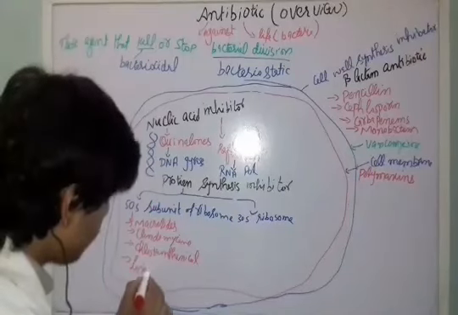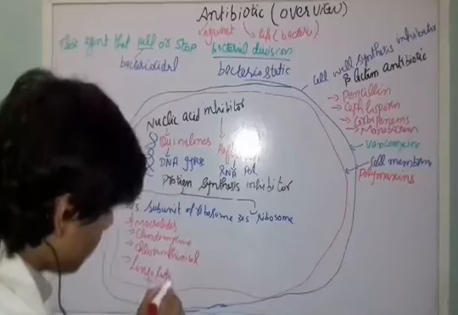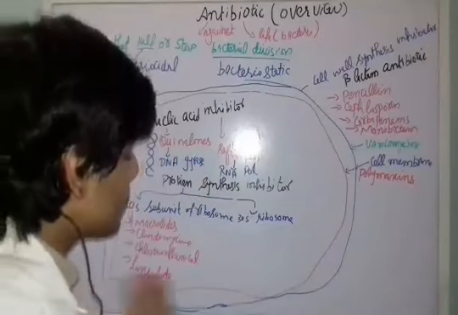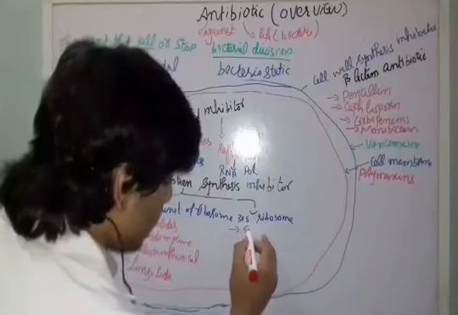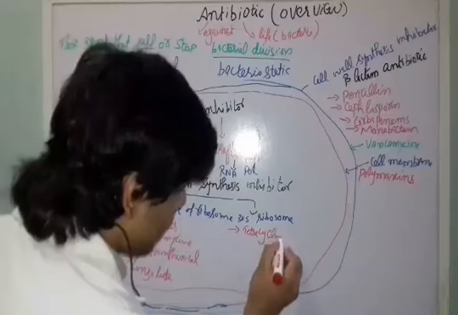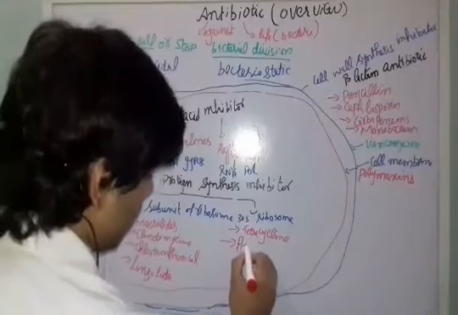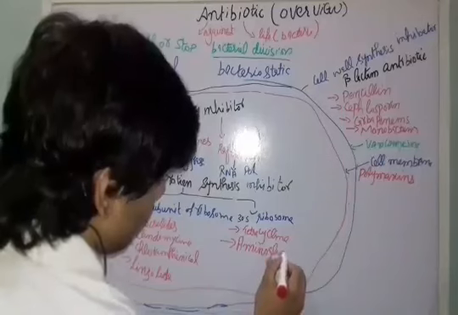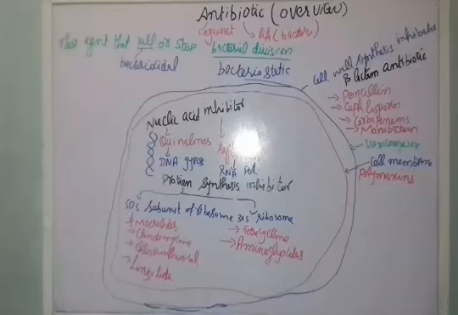So let me write linezolid. Now the drugs which interfere with the 30S ribosome, we usually call tetracycline, and second, aminoglycosides. Fine. So these are the other drugs.